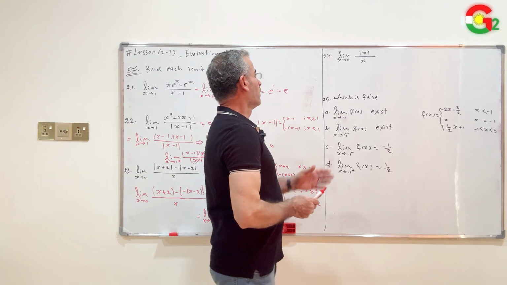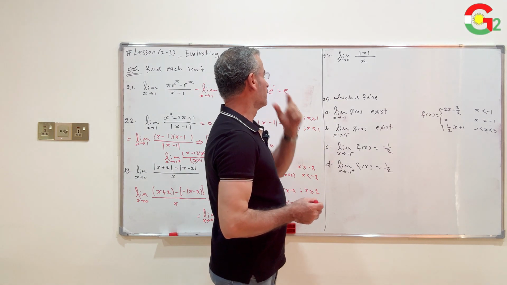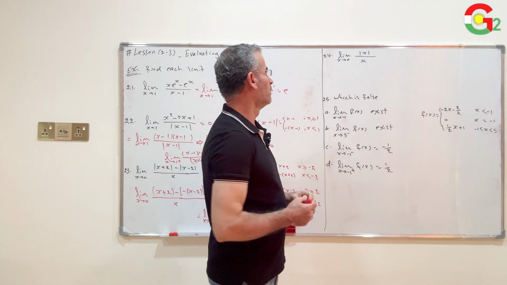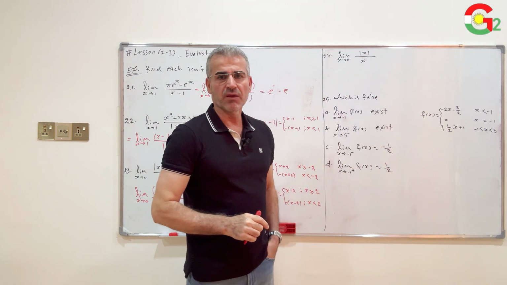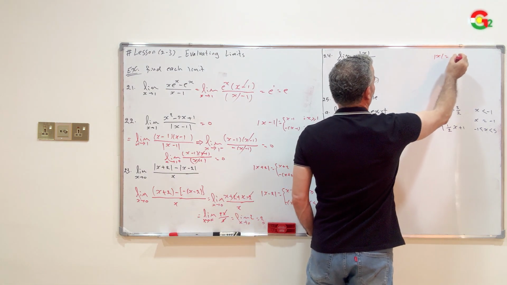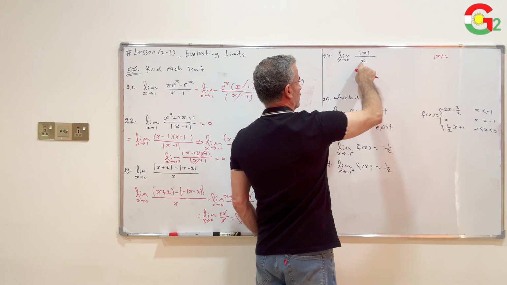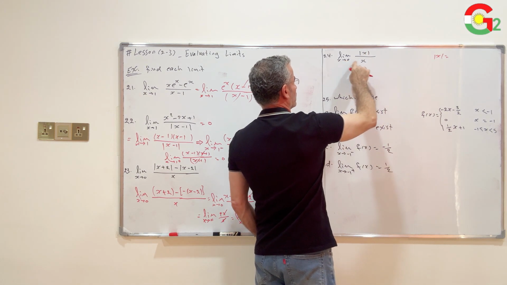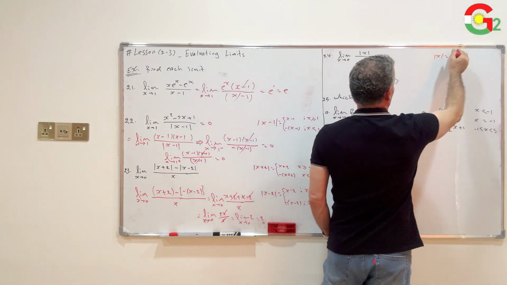Question number 24. Find the limit when x approaches 0 for the absolute value of x over x. When we have an absolute value in the function, we should remove the absolute value to find the limit if the denominator becomes 0. Now, if we substitute directly every x with 0, it becomes 0 over 0.